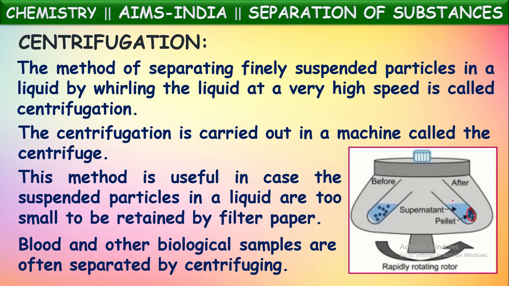The centrifuge makes these test tubes revolve at very high speed. They whirl inside the centrifuge. Then the fat particles present in the milk will be separated from the liquid component. Not only that, even blood samples will be separated by using this centrifuge.